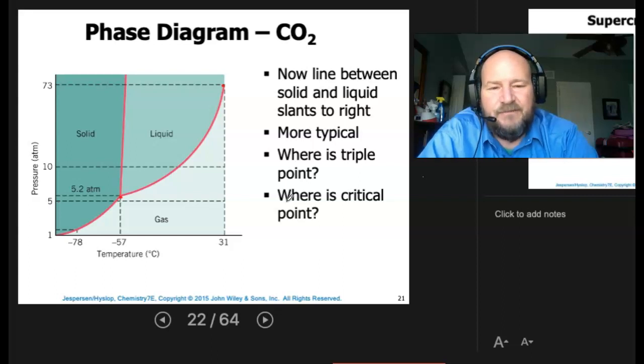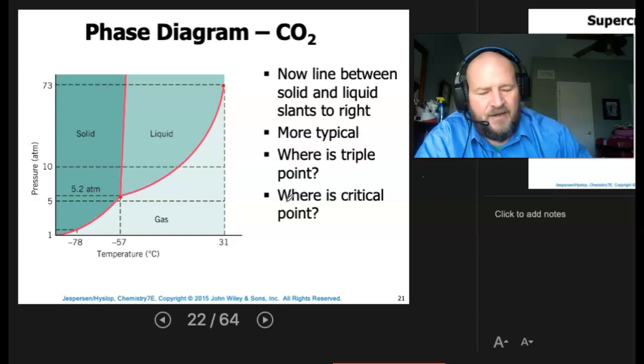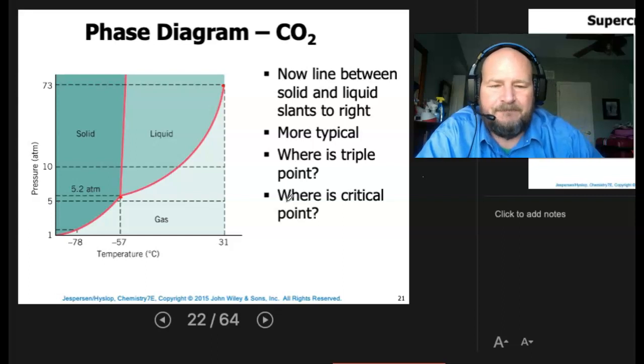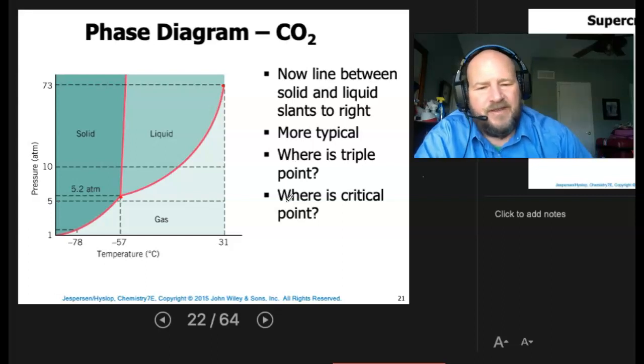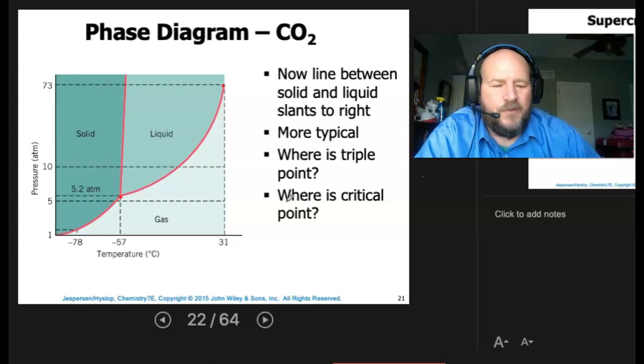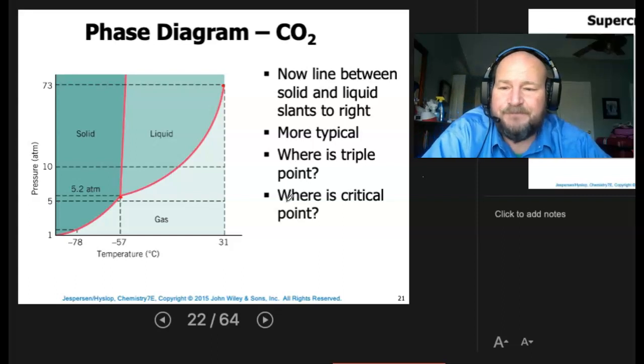Things of that nature, right? Or I'll give you an actual set of data and say, at this temperature, 200 Kelvin, and this pressure, 1.5 atmospheres, what phase will this material be in? Right? So you need to be able to read the graph and give the phase, or tell me where the different points are, or both. So that's what you should be prepared for with these types of questions.